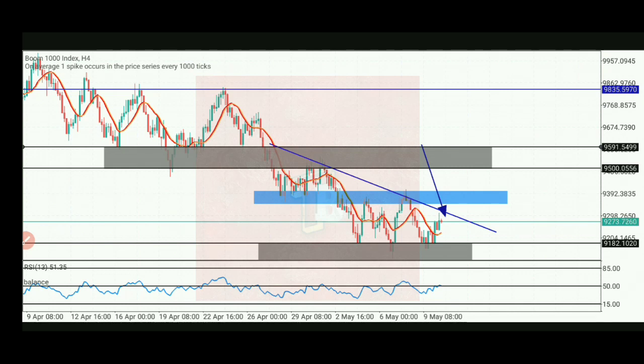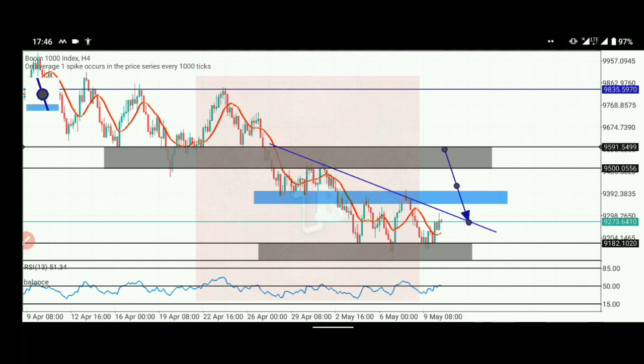So once the market hits there, it's definitely going to sell back to this trend line. Once it sells back to this trend line, we exit the market. It's a short sell. Then we open another position. This is a reversal pattern.